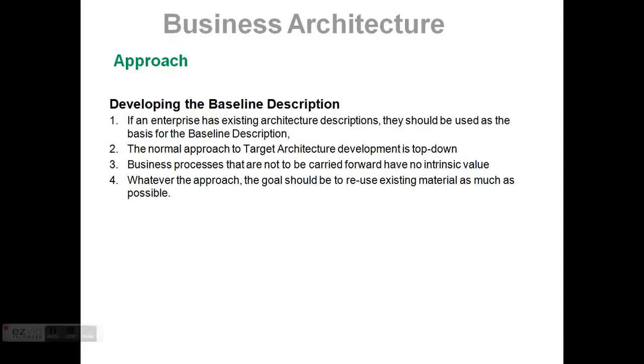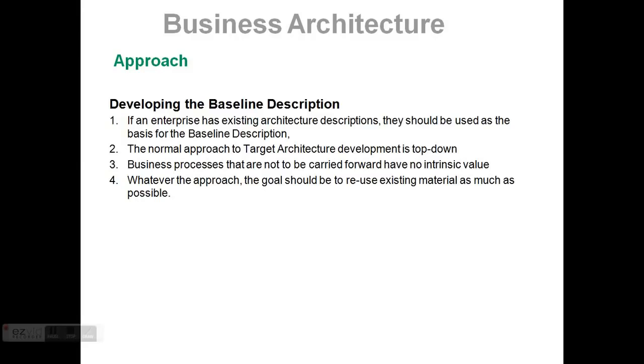This input may have been used already in phase A in developing the architectural vision, and may even be sufficient in itself for the baseline description. If no such description exists, information will have to be gathered in whatever format comes handy, or in different formats, whatever is the standard for the organization.